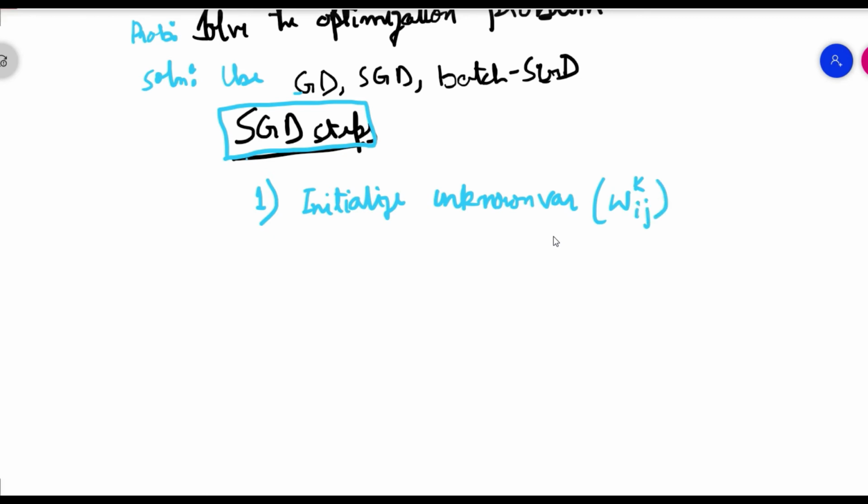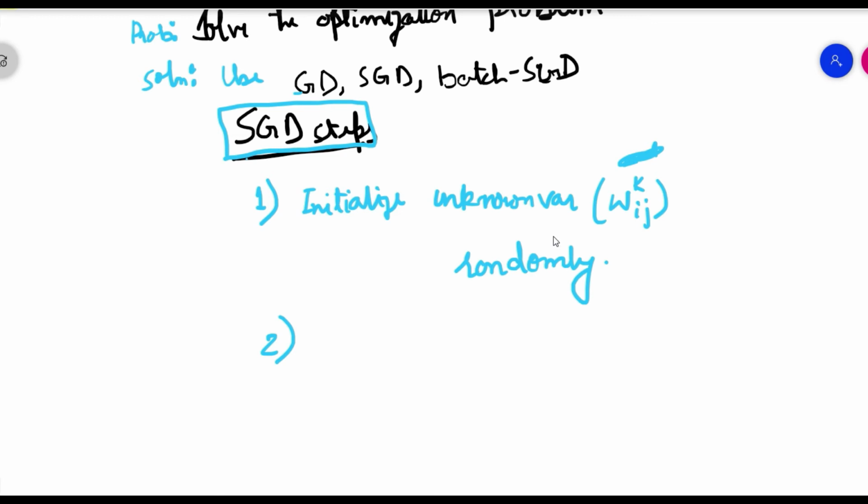Using this notation, we are trying to generalize all the weights in our multi-layered perceptron model. So the first step is about initializing the unknown variables randomly. Randomly means you can take any value and then start from there.